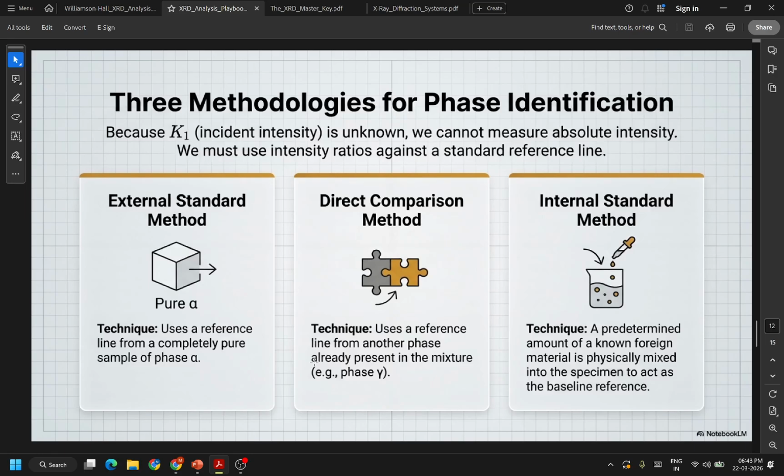Or you can take the direct comparison method, where you take a reference line from another phase that is already present in the mixture, so you compare two different phases within the mixture. Another is the internal standard method, where you add a predetermined amount of a foreign material. You take another material which is not present in your material, take a known amount and physically mix it into your material, and then it acts as a baseline reference.